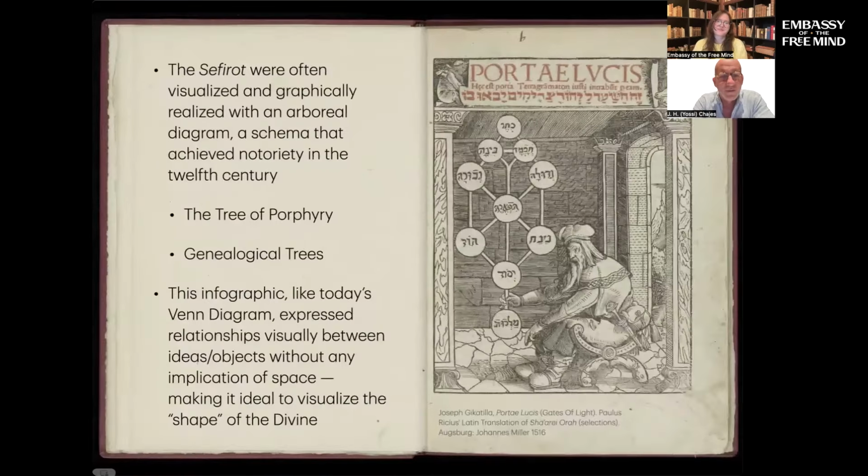Okay. So, and now a little word from Yossi, the Kabbalistic tree guy. You wouldn't necessarily have to do this if someone else was giving the lecture, but how could I not point out that the sfirot were often visualized and graphically realized with an arboreal diagram, which was a diagrammatic schema that got very popular in the 12th century.